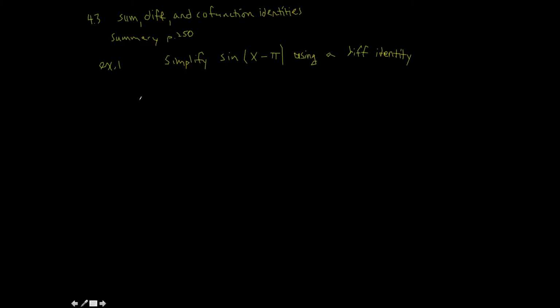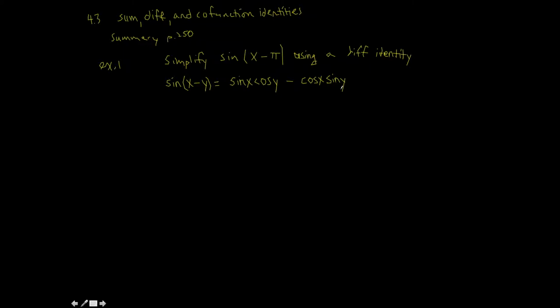Now once you've read through all those proofs, hopefully you'll realize that the difference identity for sine is this: sine of x minus y equals sine x cosine y minus cosine x sine y.